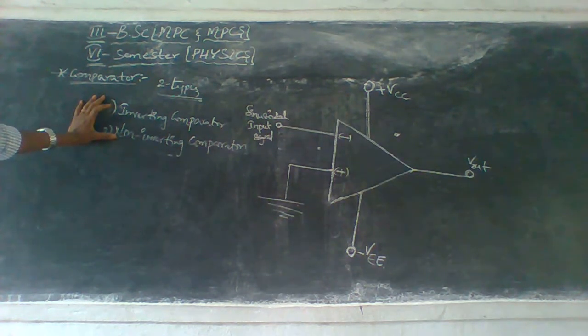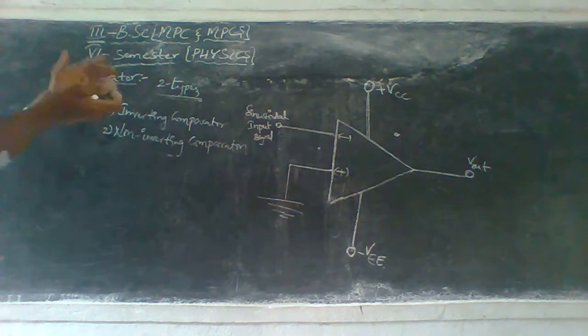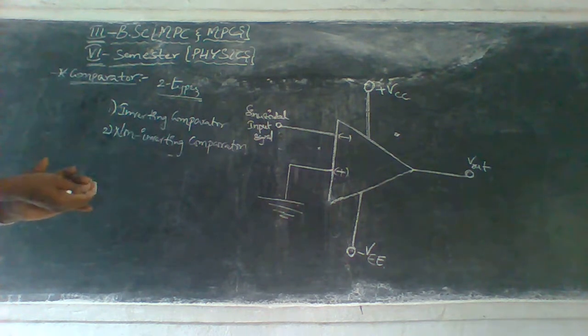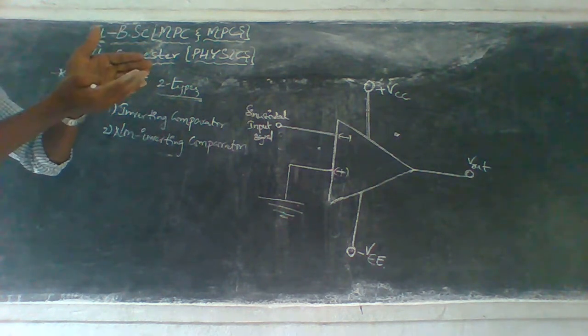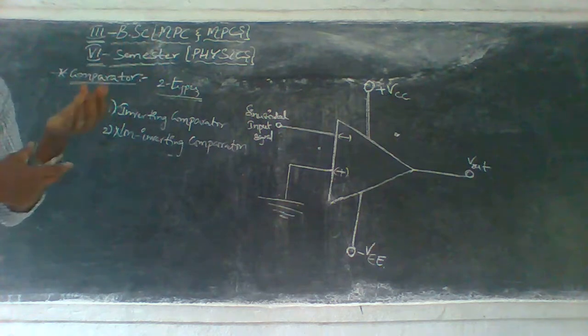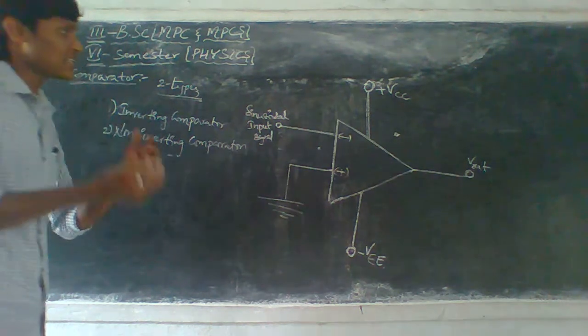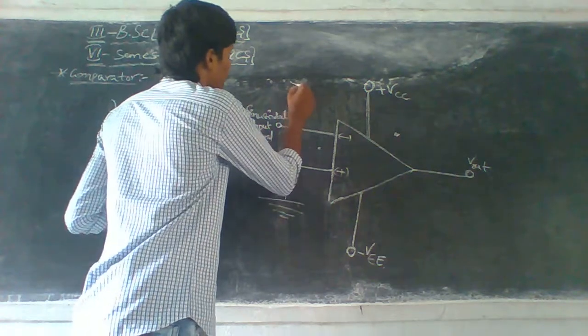So the operation of the inverting comparator is: during the positive half cycle of the sinusoidal input signal, the voltage present at the inverting terminal of the operational amplifier is greater than 0 volts.